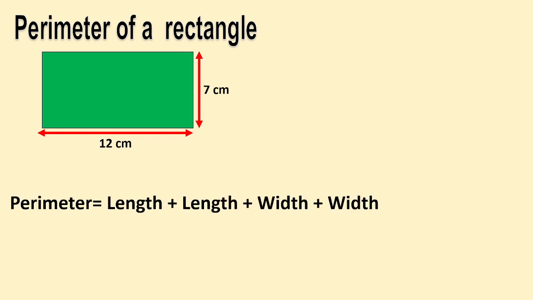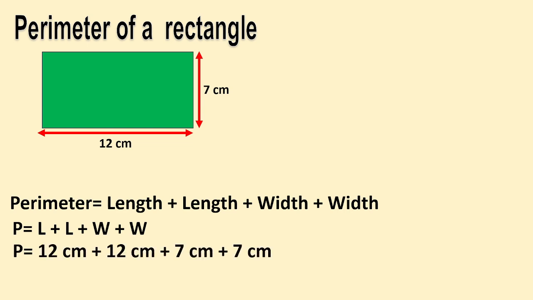The formula of the rectangle is perimeter equals length plus width plus length plus width, or we are going to write P equals L plus W plus L plus W. P equals 12 centimeters plus 12 centimeters plus 7 centimeters plus 7 centimeters. So 12 plus 12 plus 7 plus 7 equals 38. So the answer is 38 centimeters.